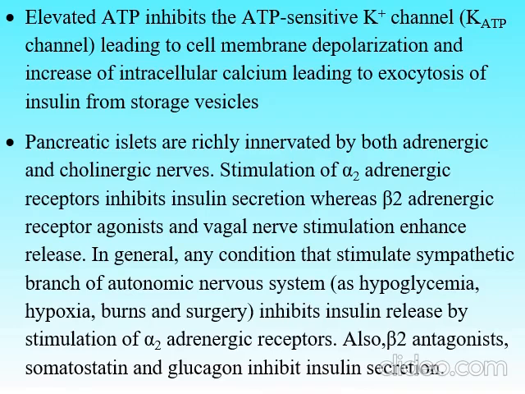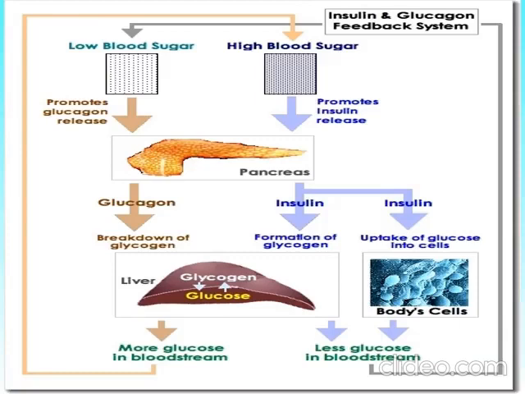In general, any condition that stimulates the sympathetic branch of the autonomic nervous system, such as hypoglycemia, hypoxia, burns, surgery, inhibits insulin release by stimulation of the alpha-2 adrenergic receptor. Also, beta-2 antagonists, somatostatin and glucagon inhibit insulin secretion.